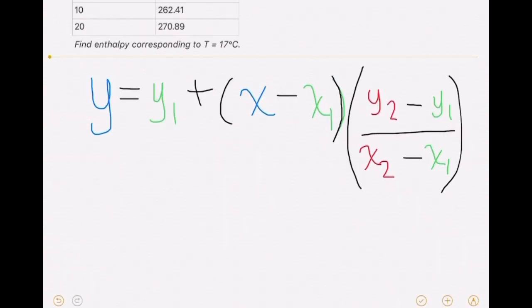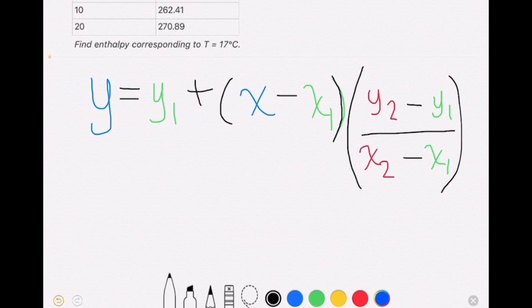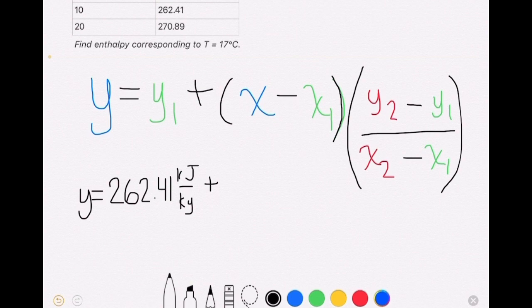So without further ado, let's just get plugging and chugging. Y we still don't know, that's what we're looking for. Y1 is going to be 262.41 kilojoules per kilogram, plus x, which is the value we're already given for the data point we're looking for, so 17 degrees Celsius, minus 10 degrees Celsius because it's the initial data point.